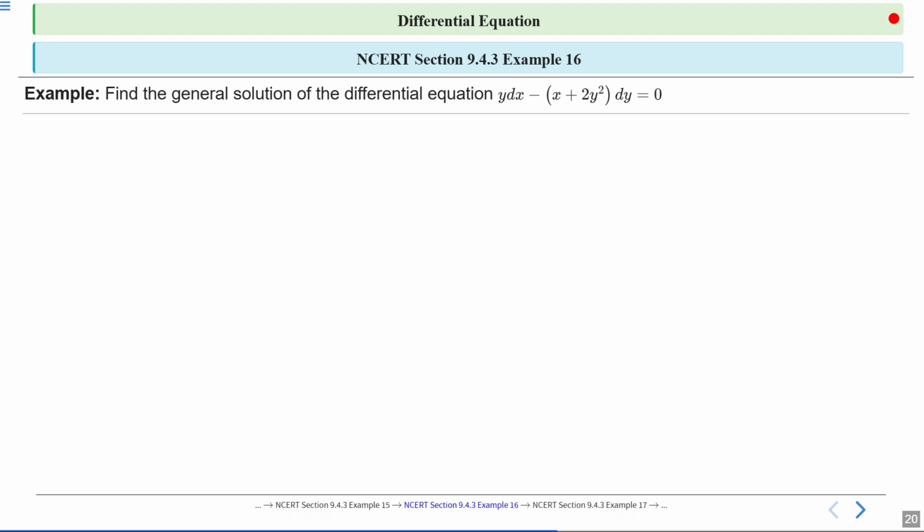So we need to find the general solution of this differential equation, and as this equation is a first order linear differential equation, at first we write it in the standard form of a linear differential equation, that is dx by dy or dy by dx. Then we calculate its integrating factor and substitute into the formula to get the general solution.